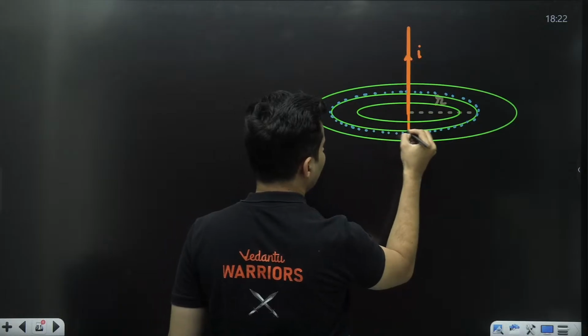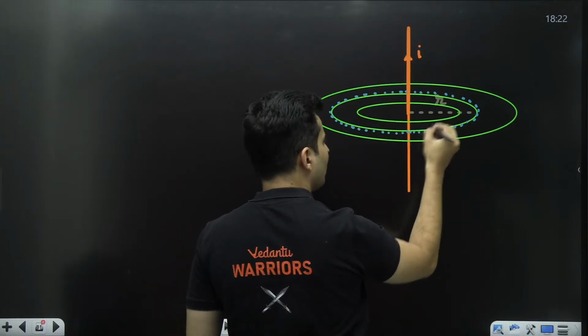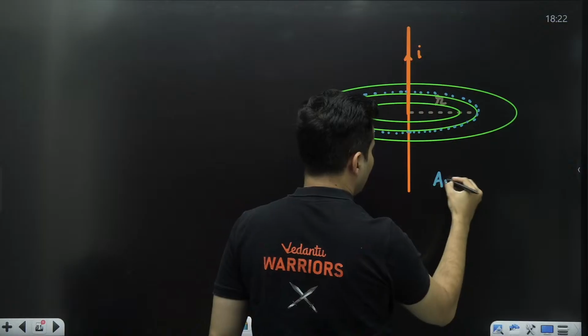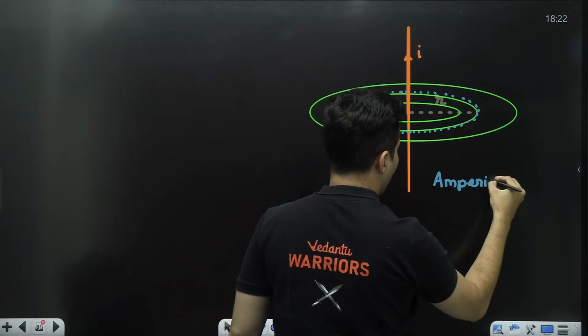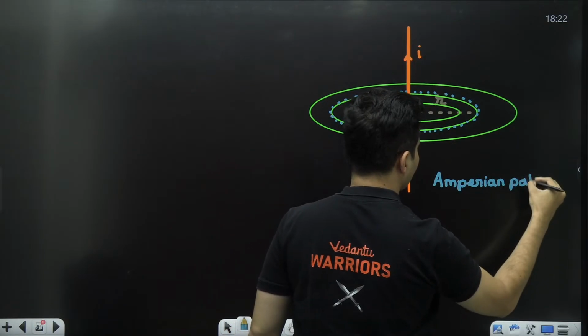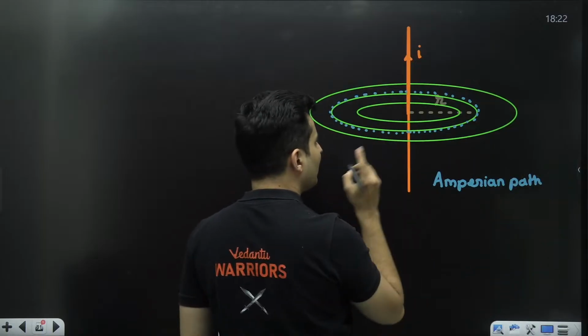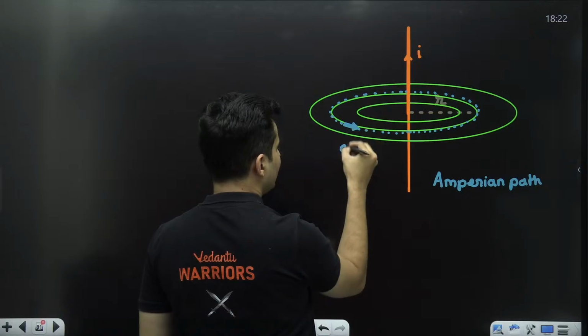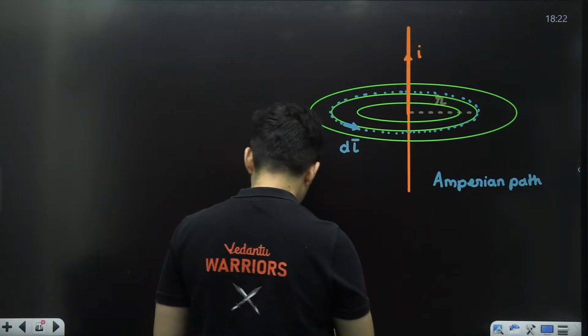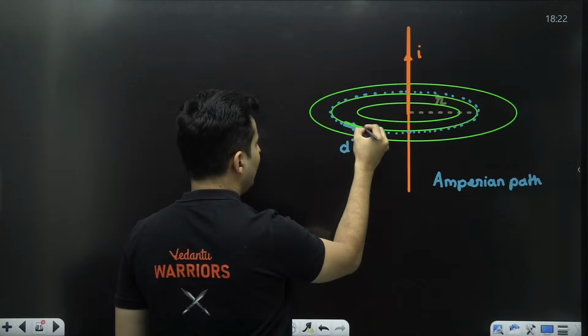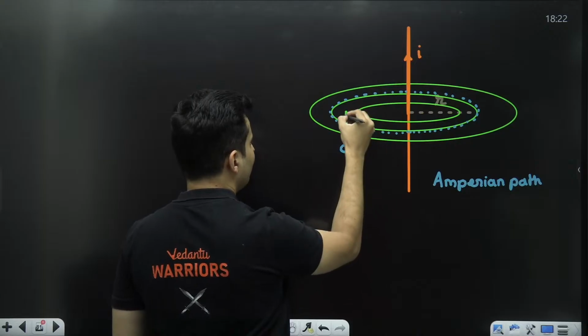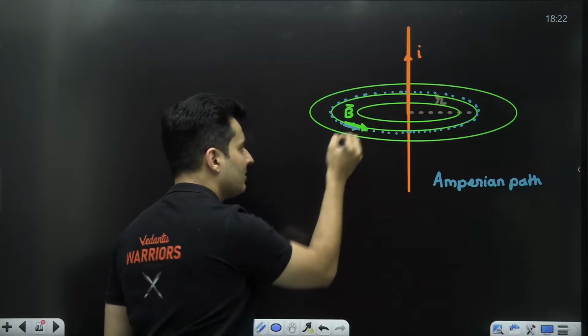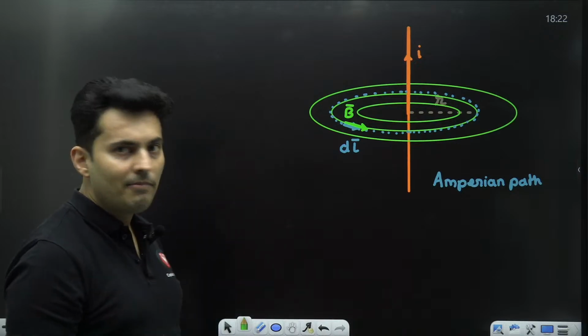I will complete my path by coming back to the same point. So that is my Amperian path. So what happens is, because of that, at every single point, my displacement is exactly in the direction of the magnetic field.